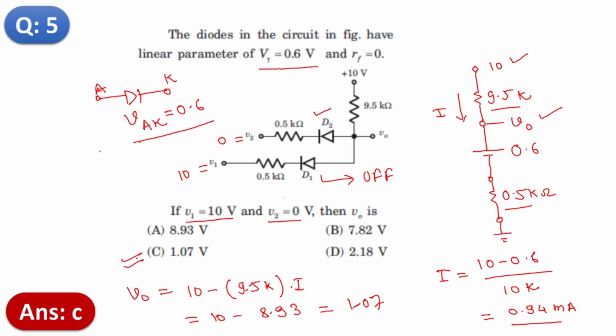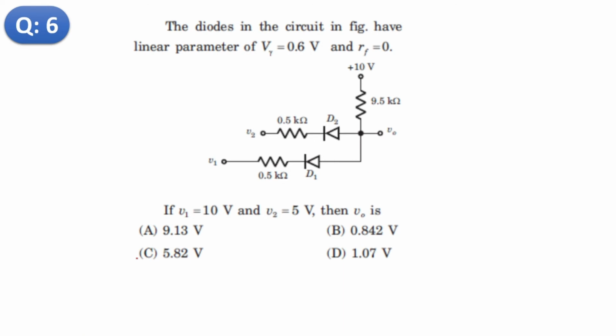Now for question number 6, again a similar type of question, but the condition differs. This V1 is 10 and V2, in this case, is 5. So again D1 is off, no problem with D1. Why is D1 off? Because 10 is connected to the anode terminal, and the cathode terminal is also connected to the 10.